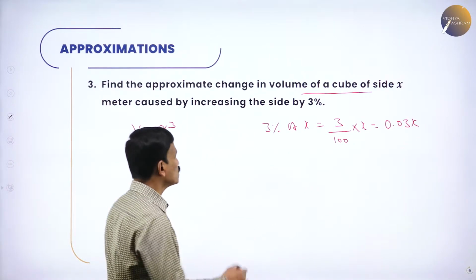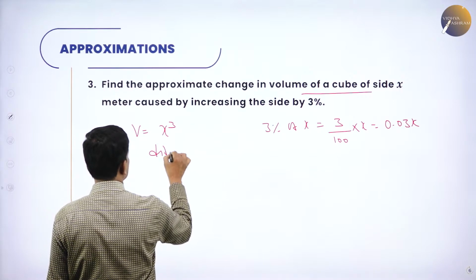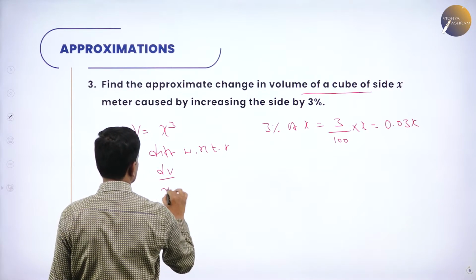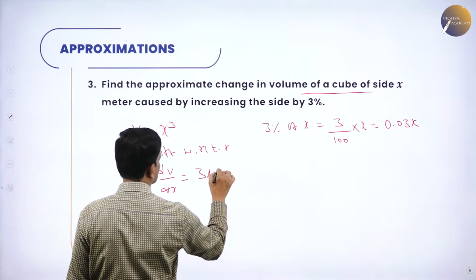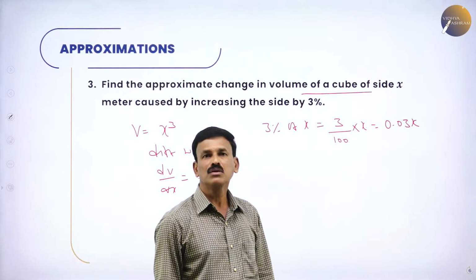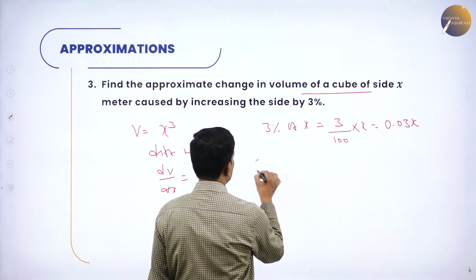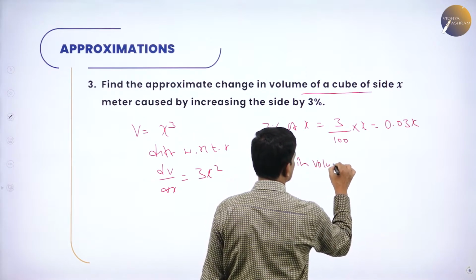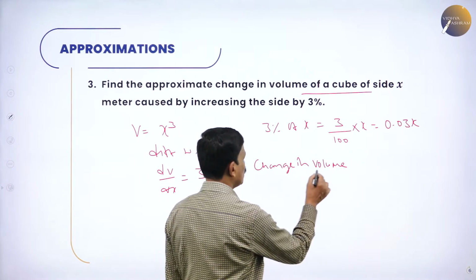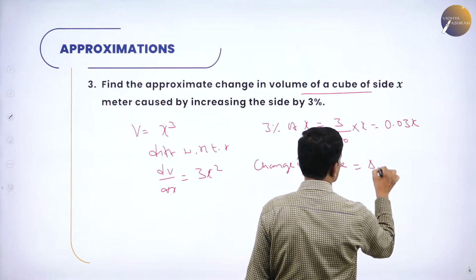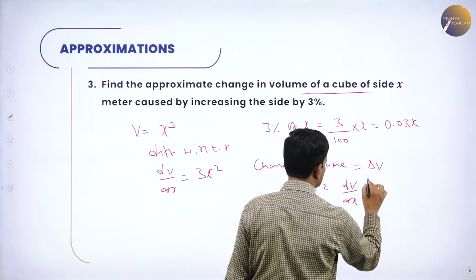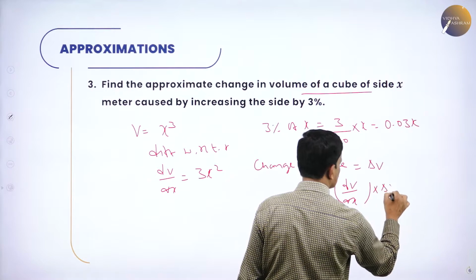Now differentiate with respect to x. Differentiating with respect to x, dV by dx is equal to 3x square. Now the change in volume is given by delta V. So this delta V is equal to dV by dx into delta x.